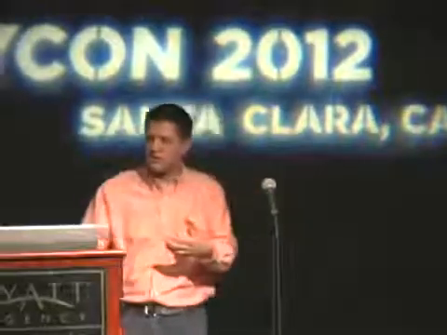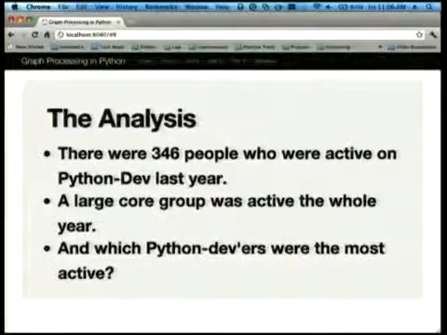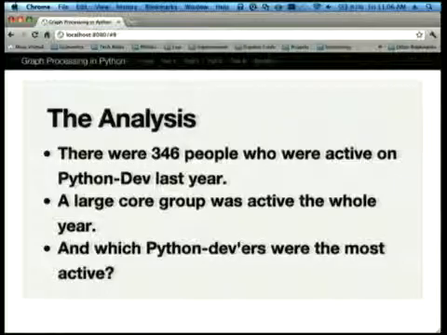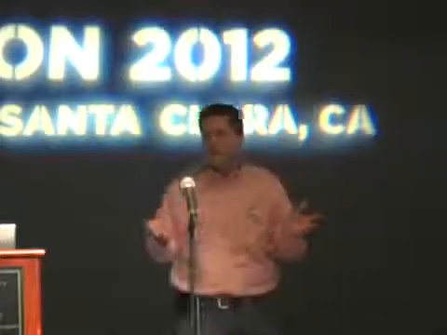There was a lot of give and take among all the major contributors to Python dev. It divided into about 150 people in the core, and then the secondary group was the rest of the 200.